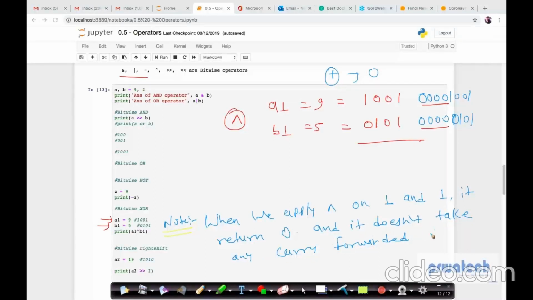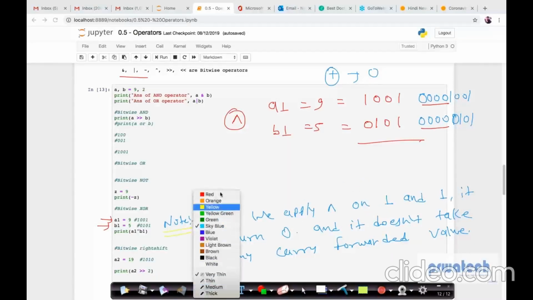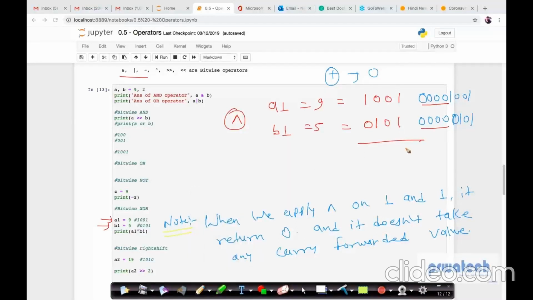So just looking at this statement, I think you can solve this problem now and tell me the answer. Can we say 1 and 1 becomes 0? That's what we have written, and it does not carry forward anything. So I'll not write 1 here. 1 1 0 0 0 1 is 1 1 0.